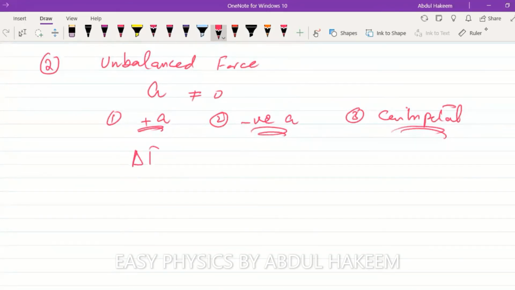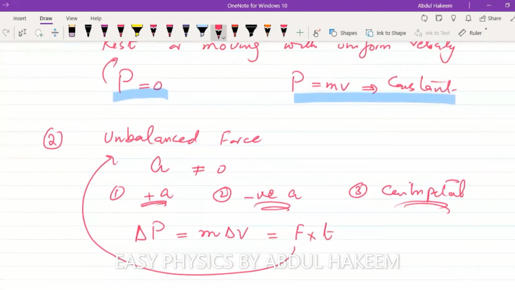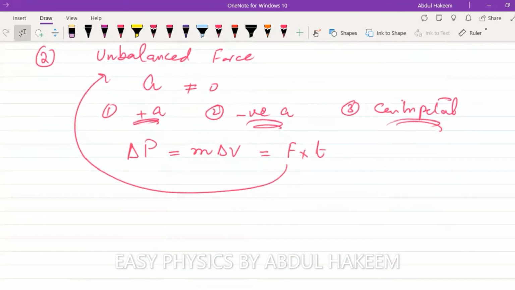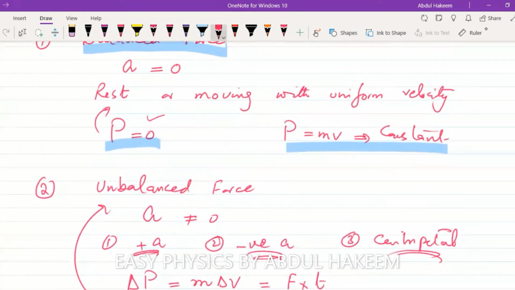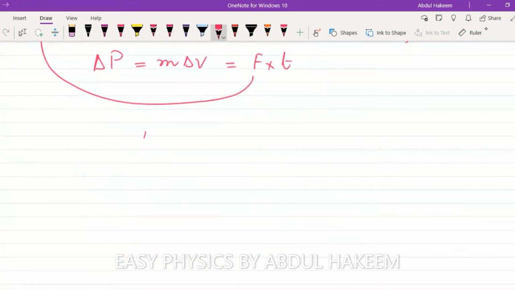So the change in momentum is there, m times delta V, which is also force times t. So this is the unbalanced force. So there are two kinds of forces, balanced and unbalanced. In the balanced, there is either no momentum or the momentum is constant, but when the momentum is changing, there will be unbalanced forces. So the change of momentum is due to the unbalanced force.